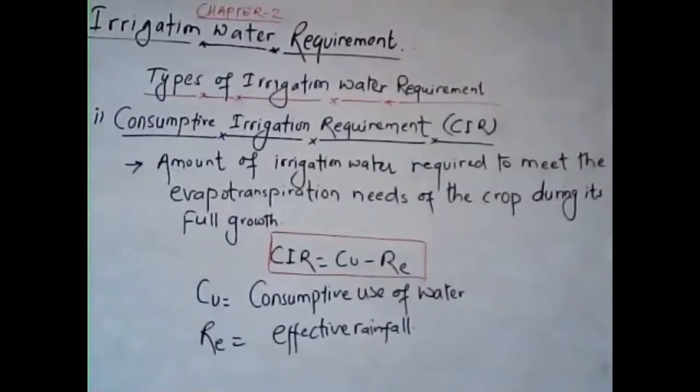This part of rainfall that is contributing to flow, after deducting the losses, is known as your effective rainfall. So CIR can be evaluated by CU minus RE. Likewise, we'll be going through the second one.